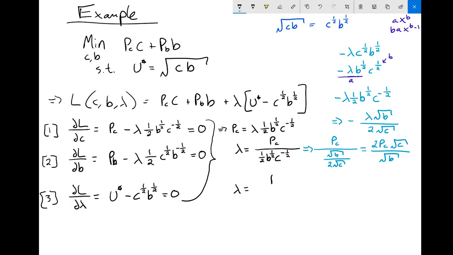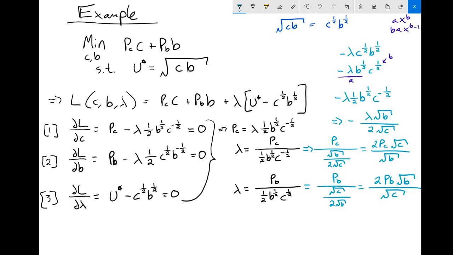Lambda equals PB over 1/2 b to the minus 1/2 times c to the 1/2. And then I'm going to simplify it. PB divided by square root of c over 2 times square root of b, which becomes 2 PB square root of b over square root of c.